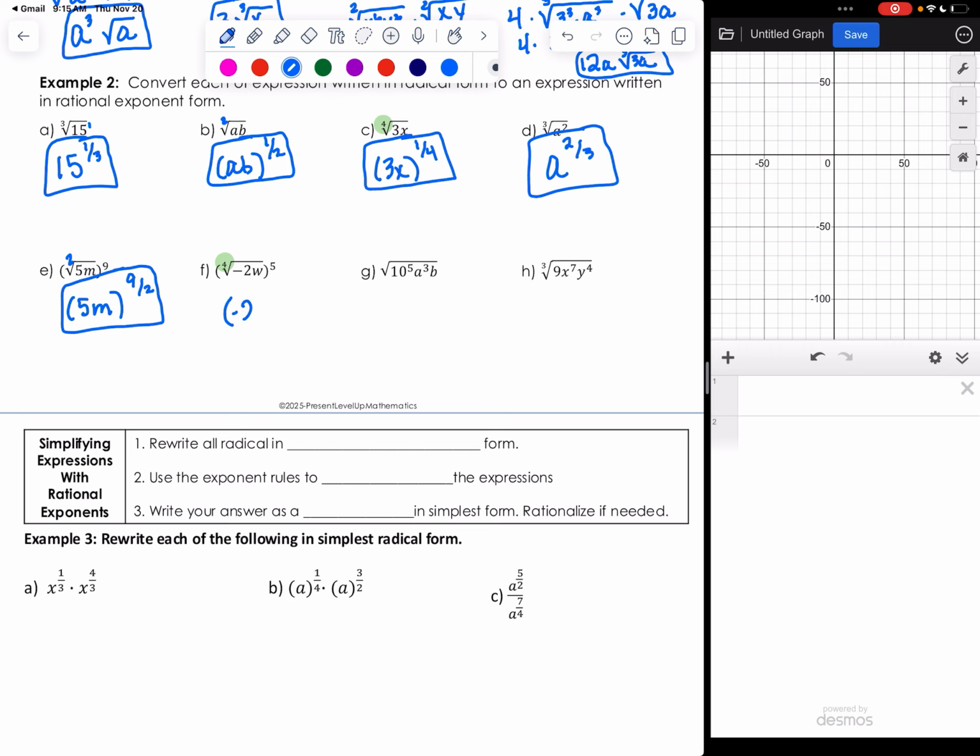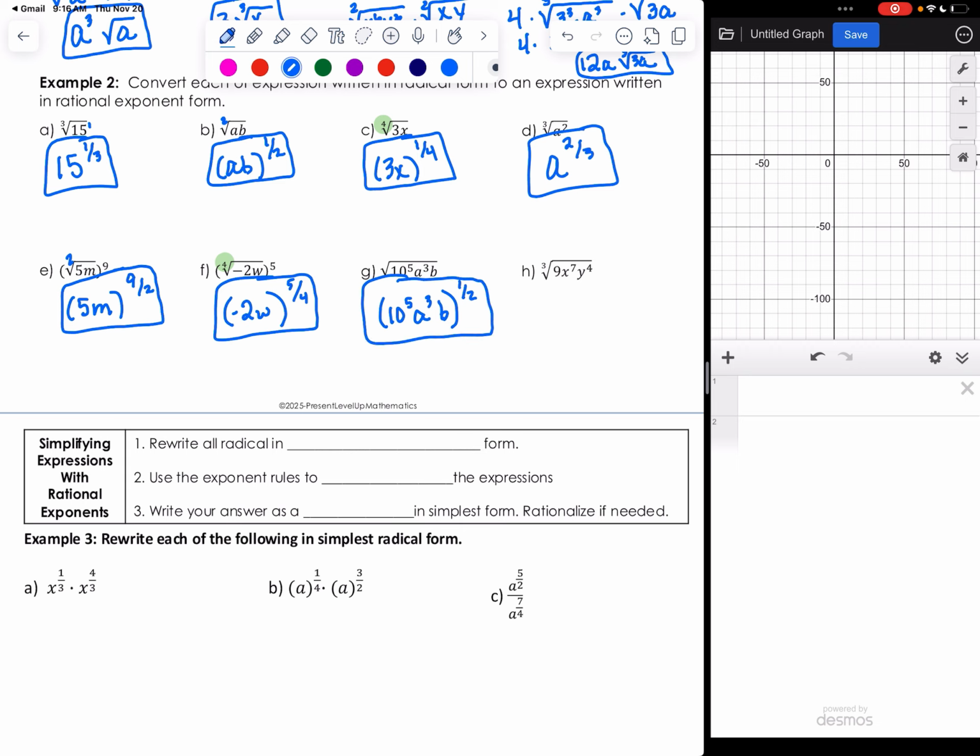So this would be negative 2w to the 5/4 power. All right. Problem G, we have the square root of 10 to the 5, a to the 3 times b. So to rewrite this, this would be 10 to the 5, a cubed b, to the 1/2 power.